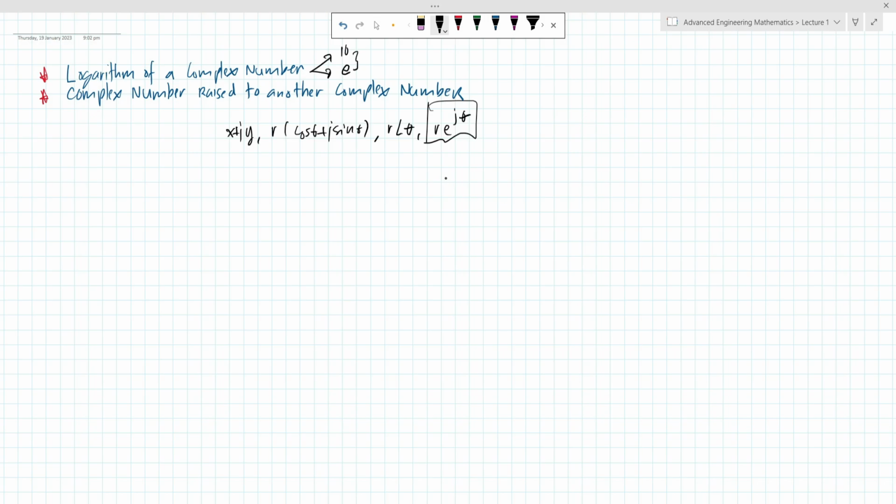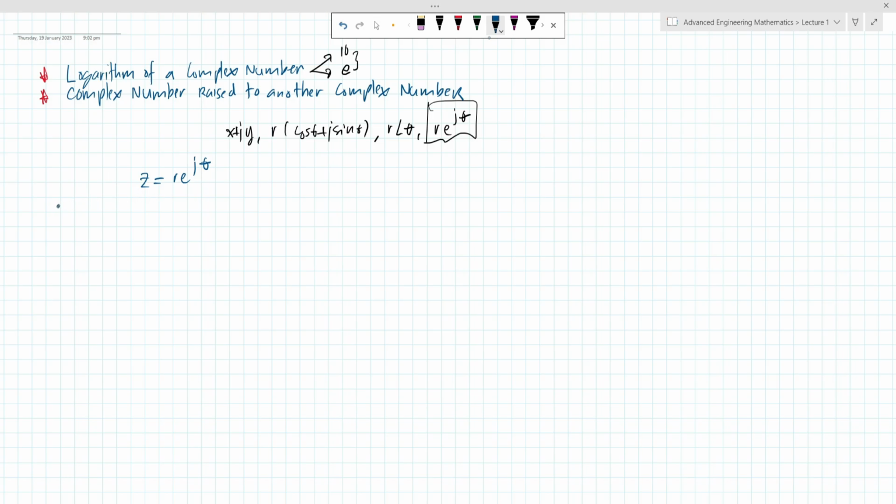Because when we get the log of this expression, take note, this is a product of r and e raised to j theta. So we can apply the properties of logarithm. Remember, our complex number is denoted by z, so we have z equals r e raised to j theta.